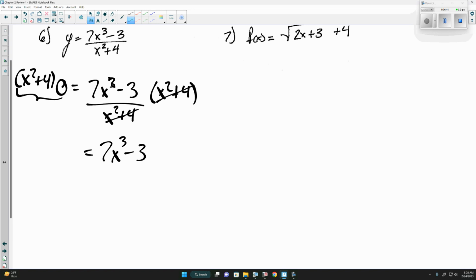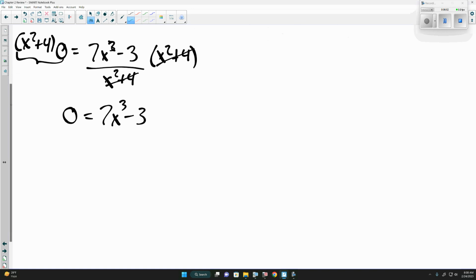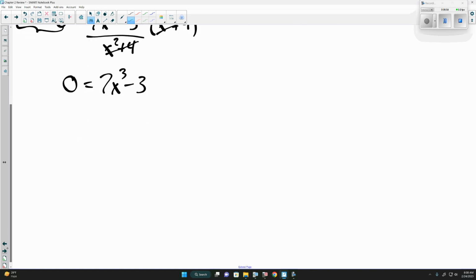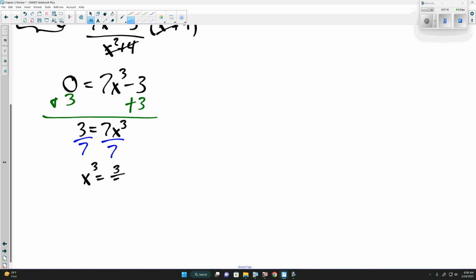But over here, x squared plus 4 times 0 is still 0. So we end up getting back to the same place. Now at this point here, we can solve. So we would add 3 to both sides, telling us that 3 is equal to 7x cubed. Divide both sides by 7, telling us that x cubed is equal to 3/7.